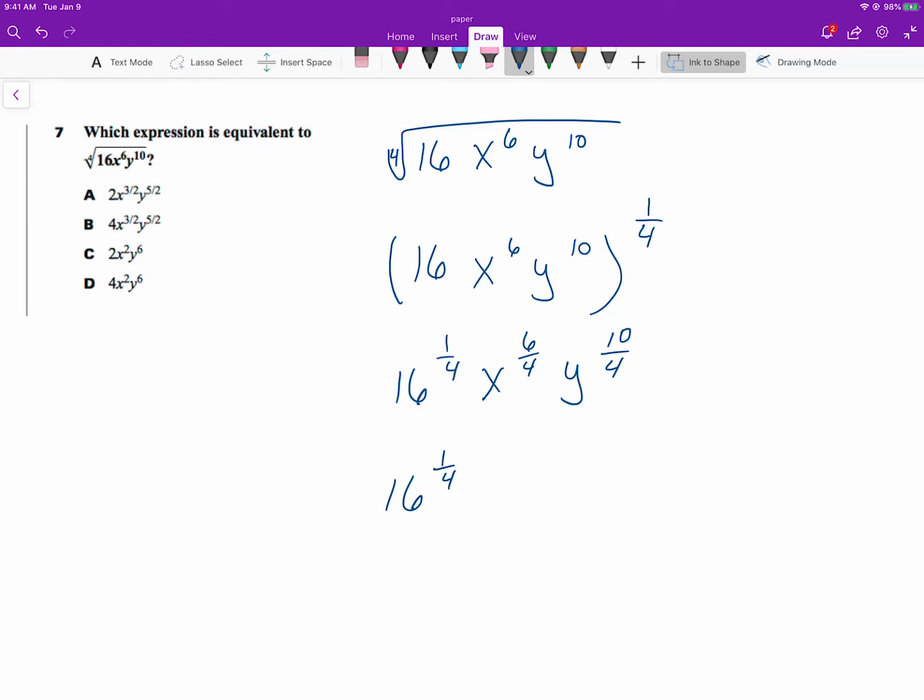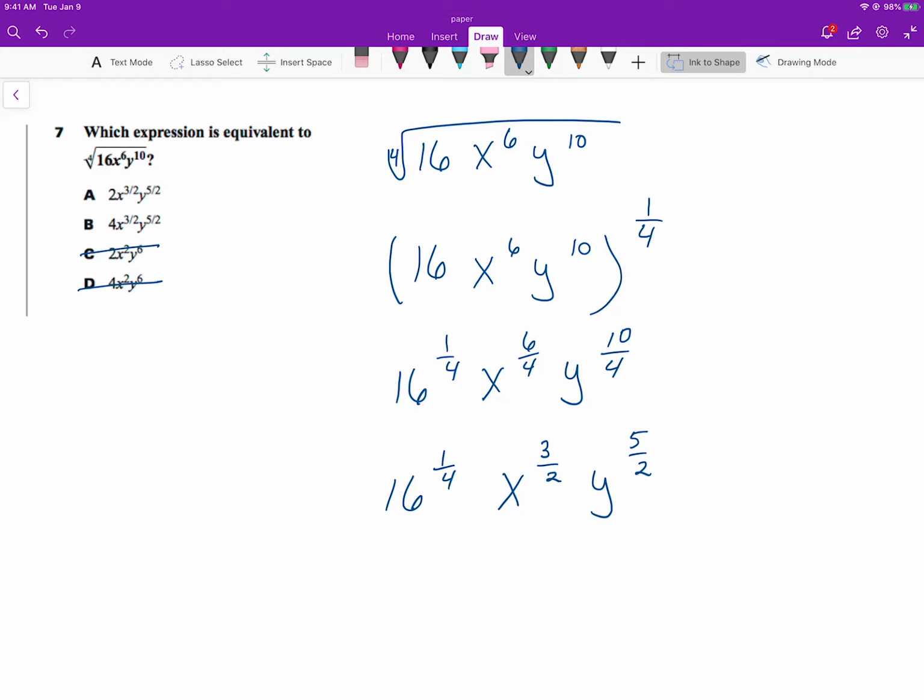So now I'm going to copy down 16 to the 1/4 power. We're going to simplify that in a minute. And then when we have x to the 6/4 power, we can reduce those fractions and have x to the 3/2 and y to the 5/2. That's useful because, especially for multiple choice questions, we just eliminated 2 of our choices.